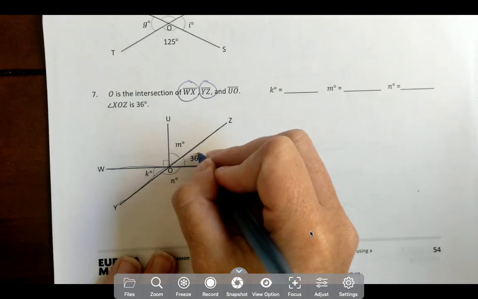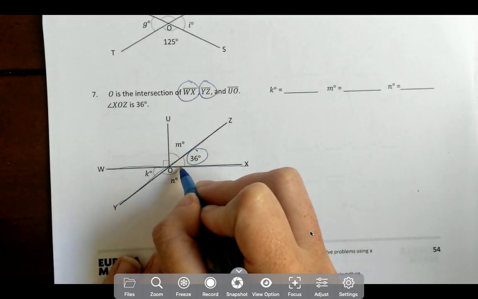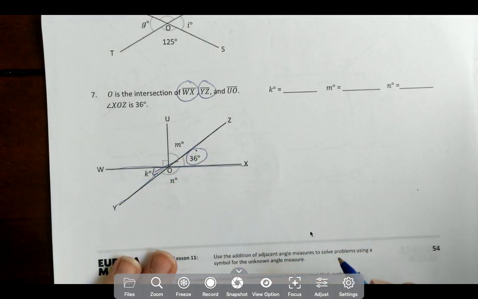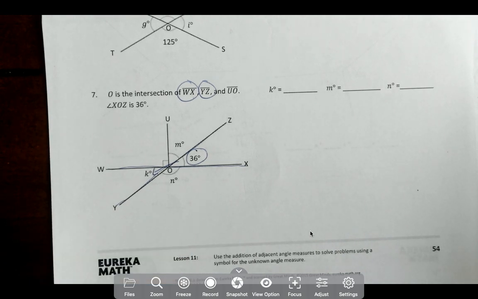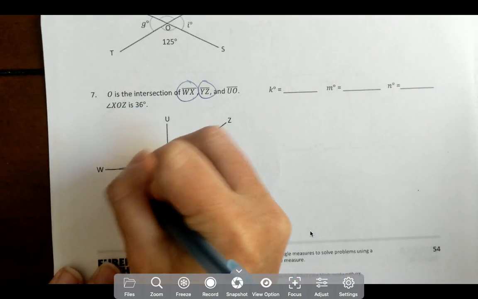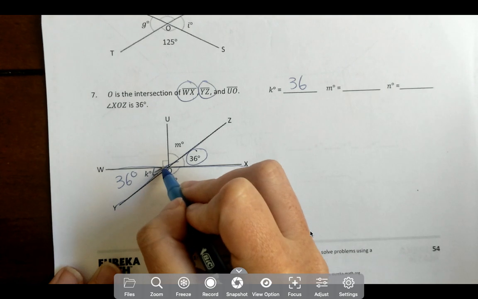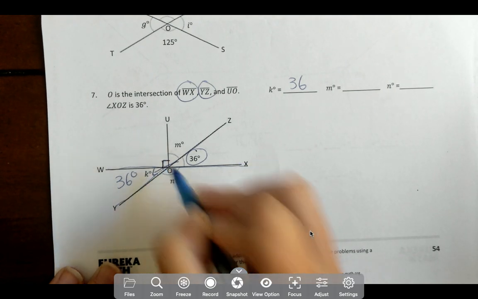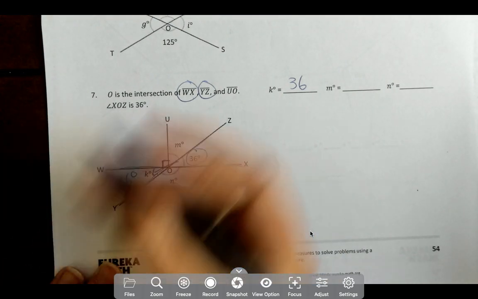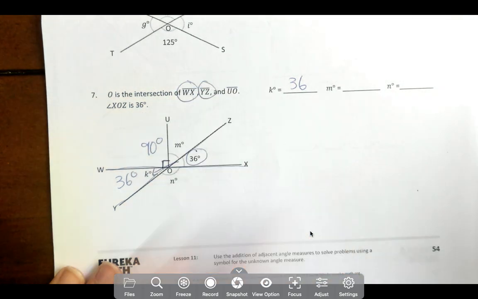If this is 36, what is K going to be? What do you guys think? If in intersecting lines opposite angles are equal, what is K going to be then? 36 degrees. Ooh, I see a box right there. So what does that mean? That angle is 90 degrees.